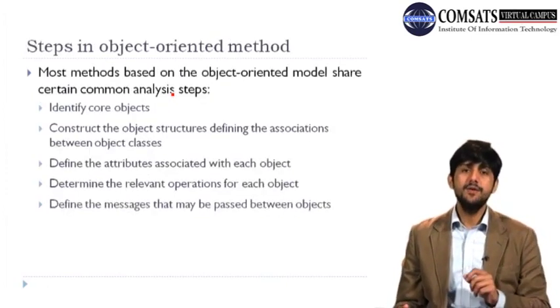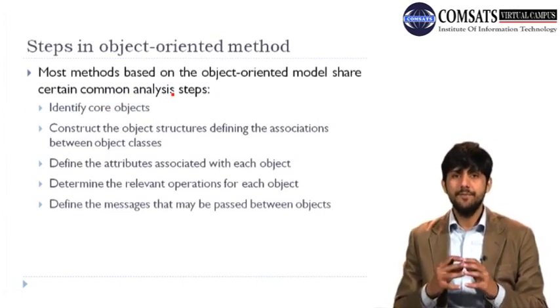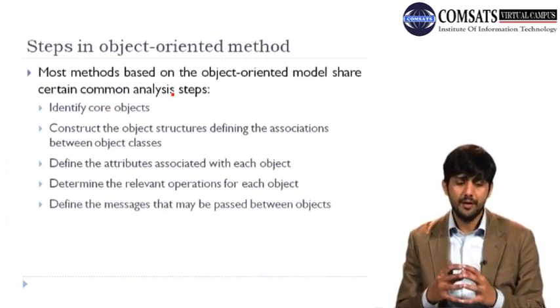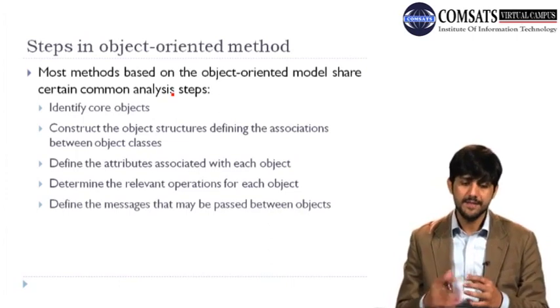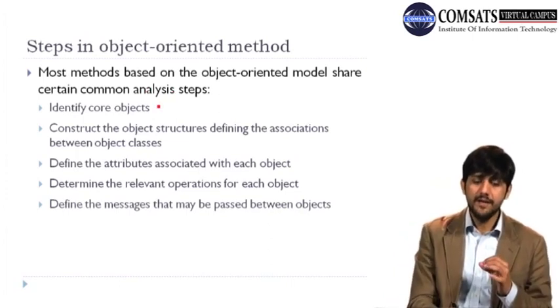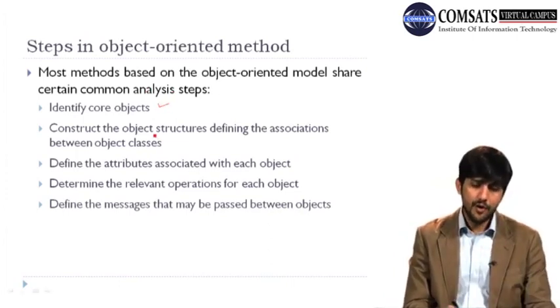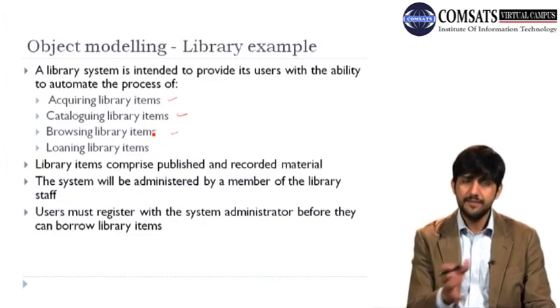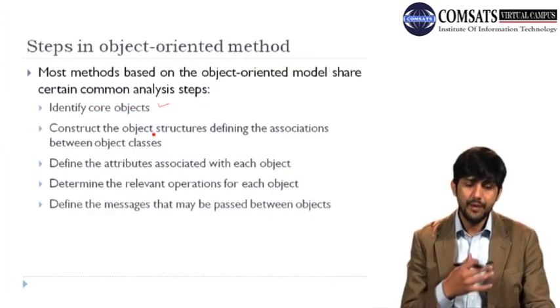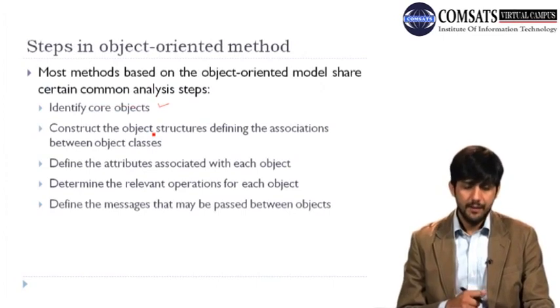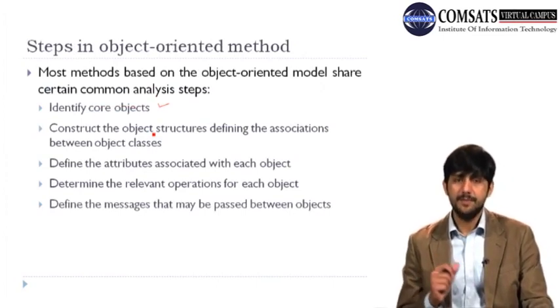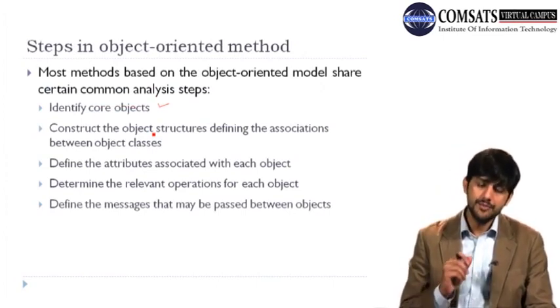So what are the steps that you follow when you are using this object-oriented method for requirement engineering or for generating system models? So the first thing that we do is we identify core objects. From this description of this library example, we are going to identify the core objects. We construct the object structures, defining the associations between object classes.